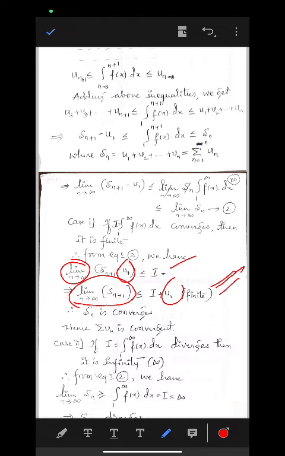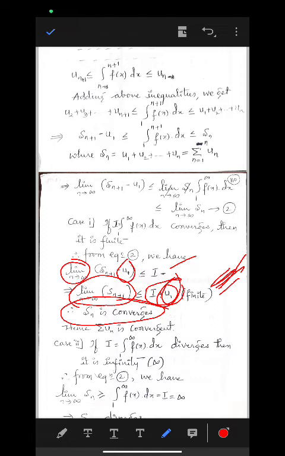Right? So after applying the limit in this step, on the right side of the inequality, what we got? I plus u1. I is finite, u1 is also finite. u1 is the first term, so it is finite, and hence Sn is convergent.